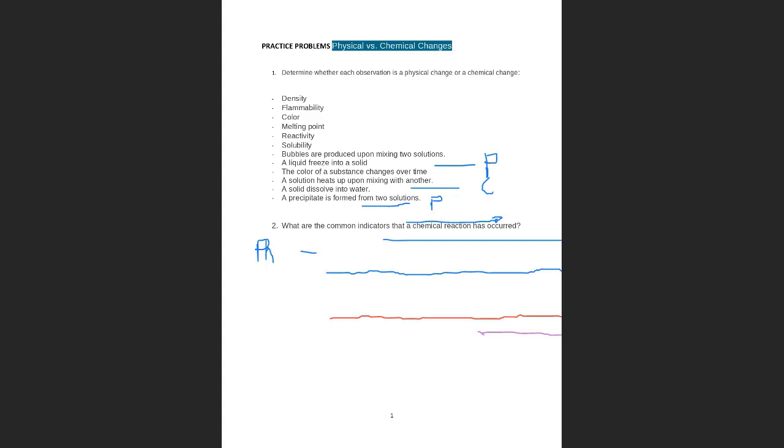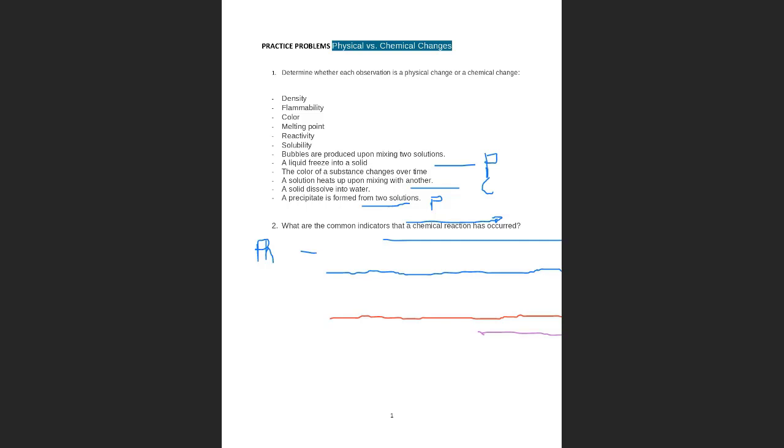The solid dissolves, and what you have is basically ions. It dissolves means the ions separate, but there is no reaction between the salt and the water. If I want to recover the salt, I can evaporate the water, and I didn't create a new substance. I still have the table salt.